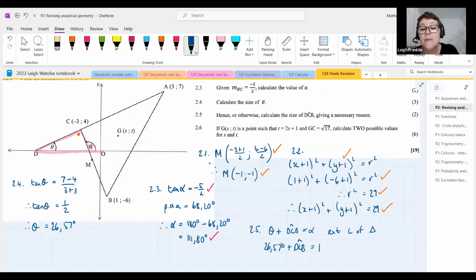I'm just subbing that in. That was 111.80. And then that means that DCB is going to be equal to 111.80 minus our 26.57, and we get 85.23.